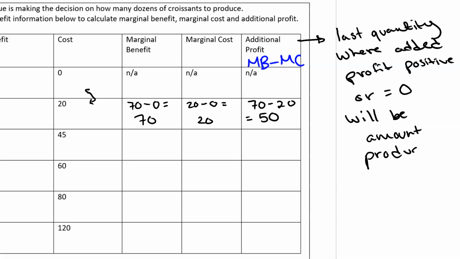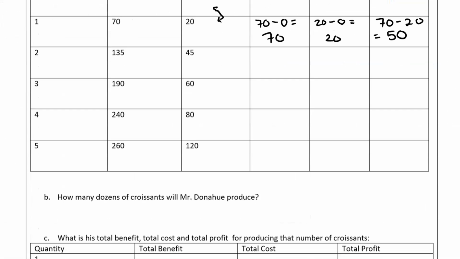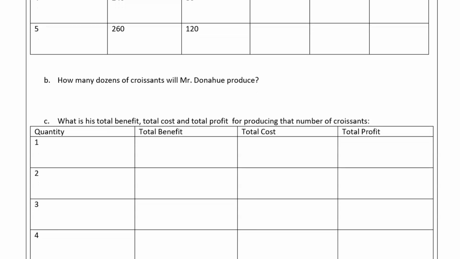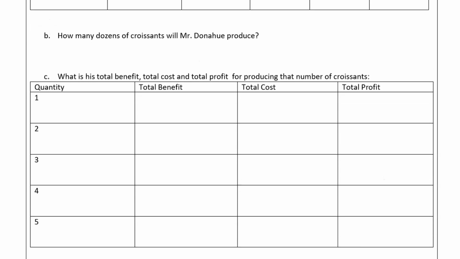We don't want to be losing money, so having negative additional profit. So when that occurs, we're all set. We don't need to make that many. So that's how we explain our decision in B.